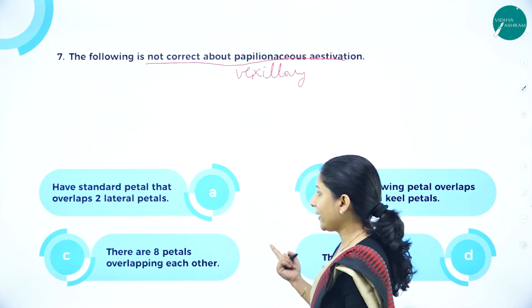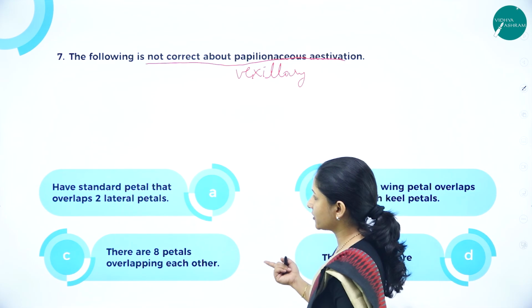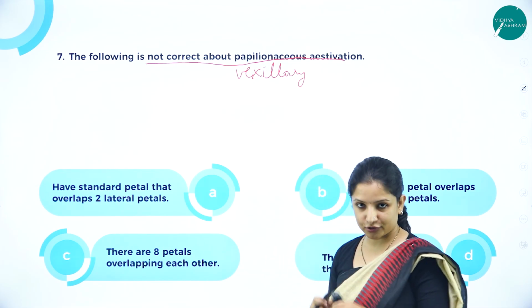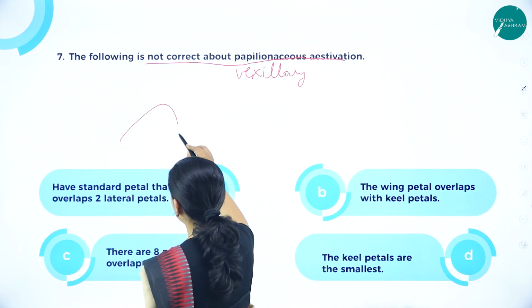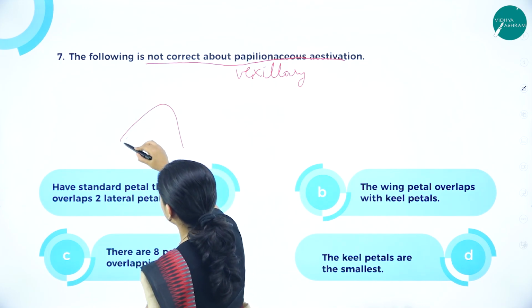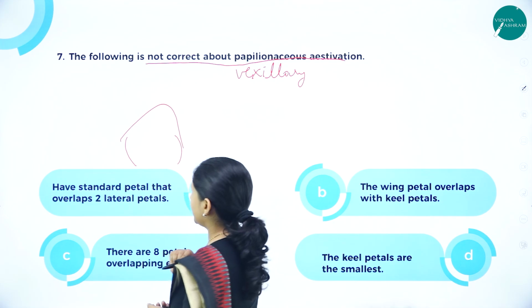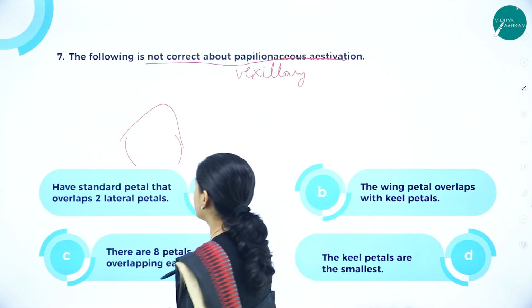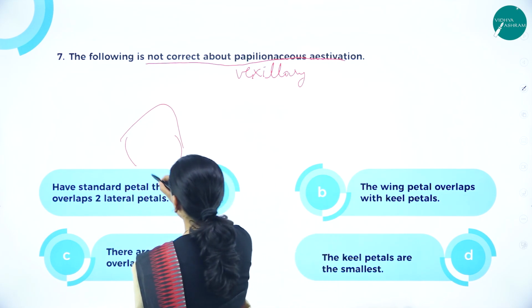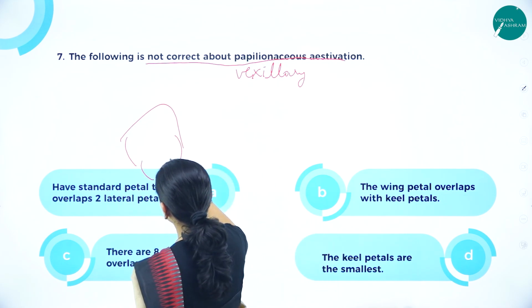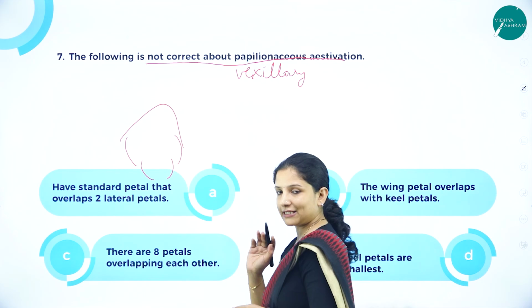They have a standard petal that overlaps two lateral petals. Yes, that is true, because they have one large standard petal which overlaps with two lateral petals. So that is correct. And the wing petal overlaps with the keel petal. Yes, the wing petals overlap with two small keel petals. That is also true.